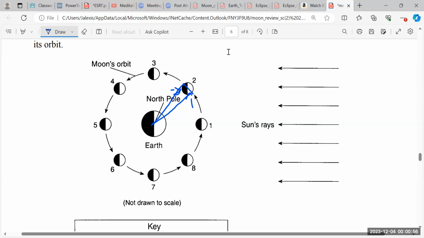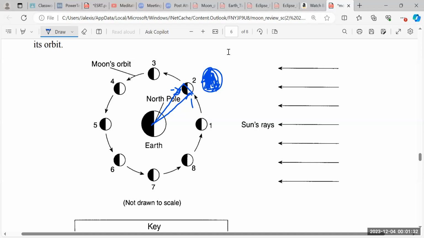So I'm going to draw my moon phase. Actually, this almost looks halfway. Let me fix it better. All right, so for position 2, a little bit of light on the right and a lot of dark on the left.